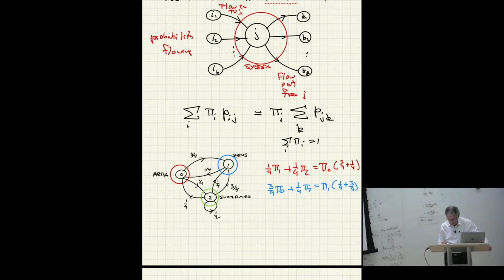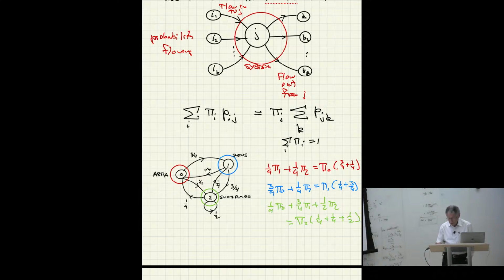And for the green state, similarly, state 2, what's flowing in is a quarter from pi 0 plus 3/4 from pi 1 plus from itself a half of pi 2, and that's got to equal what flows out from pi 2, which will be a quarter to pi 0 plus a quarter to pi 1 plus a half to itself.